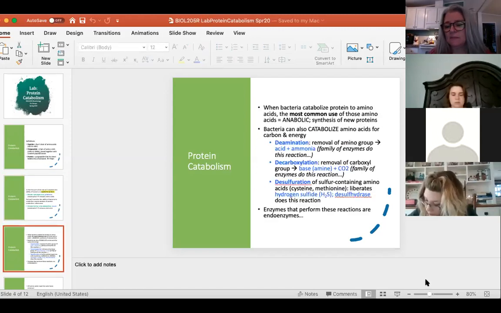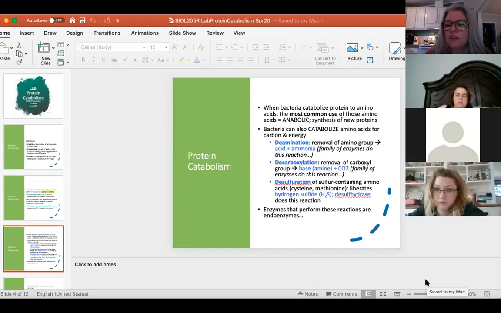All right. Now, in the second exercise in your lab manual, instead of talking about catabolizing protein, they discuss catabolizing individual amino acids.